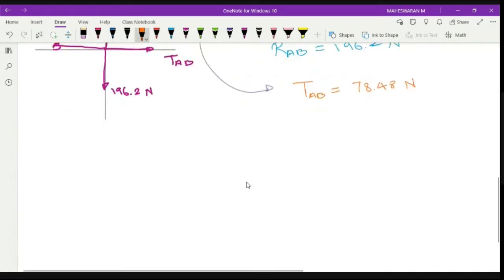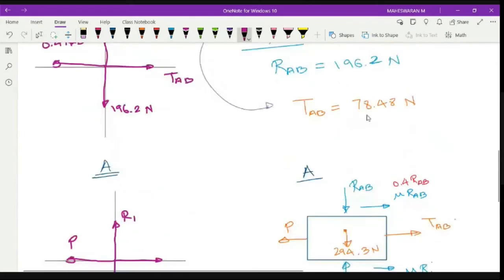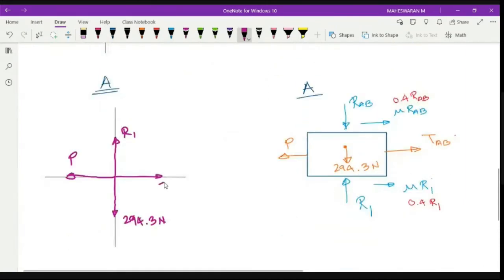So let me go for block A now. 294.3 Newton, which is in the downward direction. R1 towards the upward direction. P, the force required, that is unknown. Then TAB, which we already identified, right? So I am going to substitute the value. TAB is 78.48.